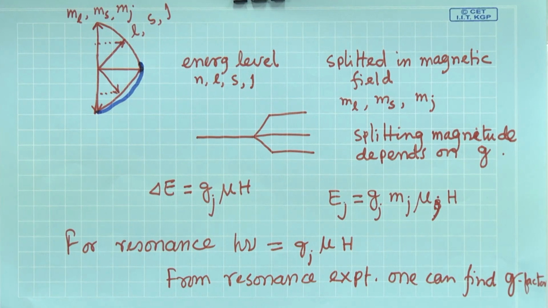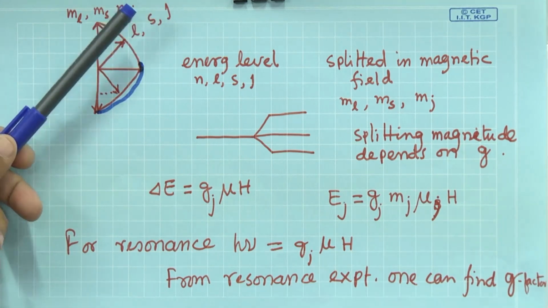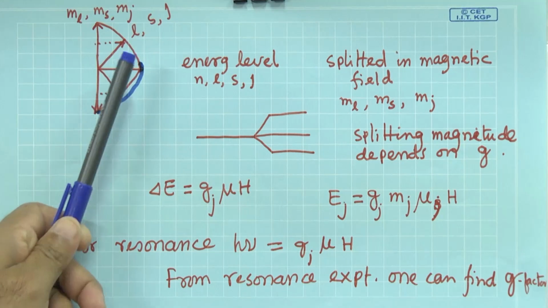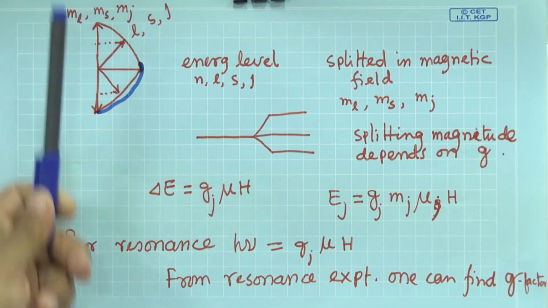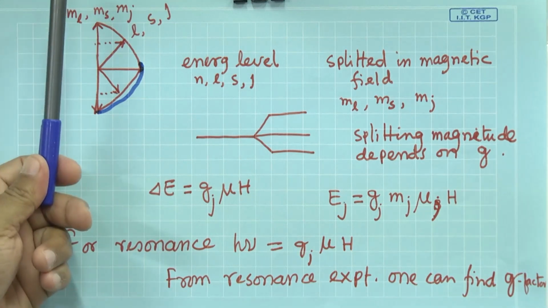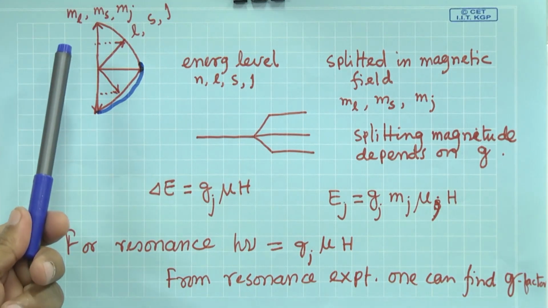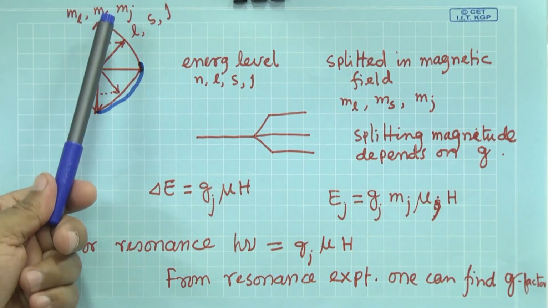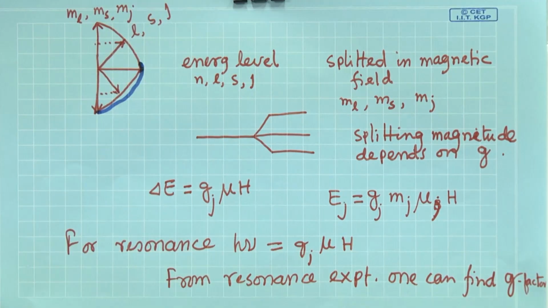So, this angular momentum at different angle theta, and the projection of it on a particular direction in space, is basically the magnetic quantum number. That gives magnetic quantum number ml, ms, mj depending on L, S, J.